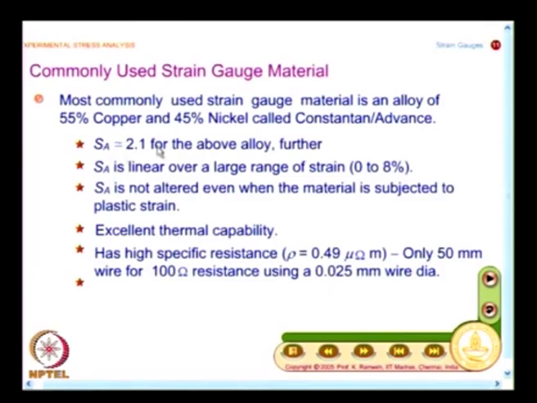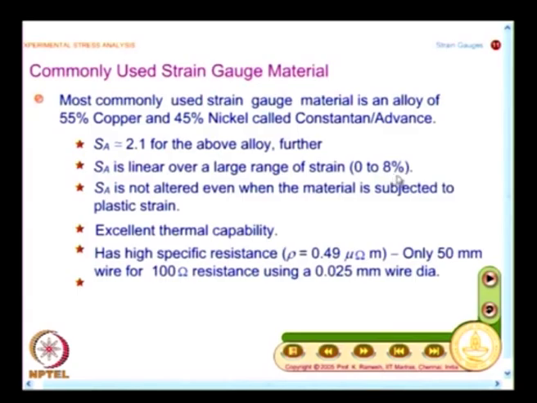It is about 2, and it is linear from 0 to 8%, and we have already seen 0.2% is the value at which yielding takes place.